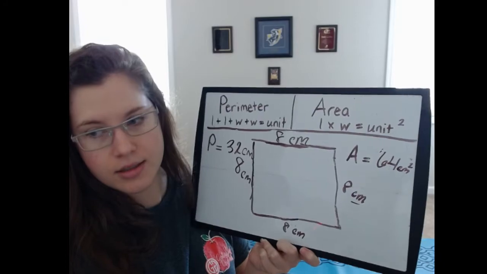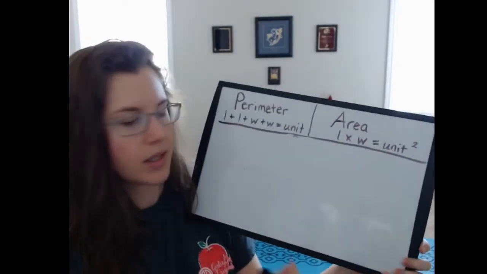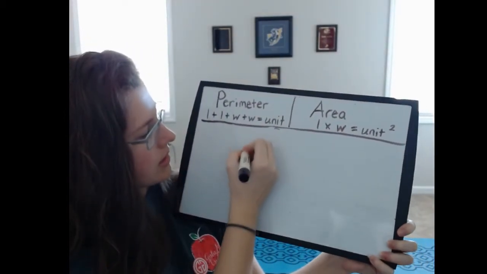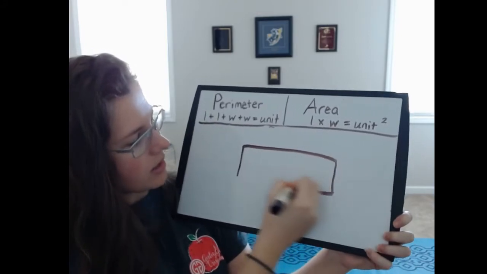All right, and I'm going to do one more. We'll make this a rectangle, and I'm actually going to try to draw an easier defined rectangle. Okay, let's go skinny side, long side, skinny side, long side.